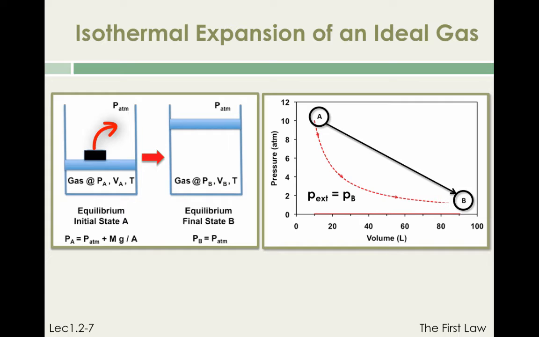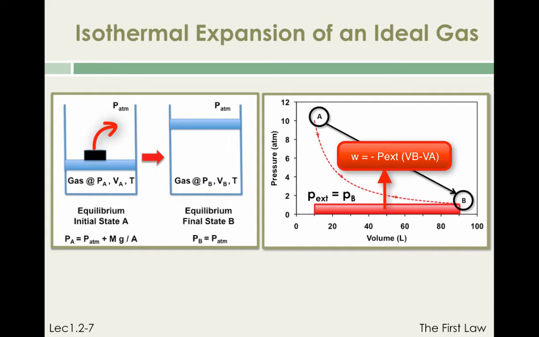So we have P sub A equals nRT divided by V sub A, and P sub B equals nRT divided by V sub B. As discussed on slide 5, the work is the opposite of the area shown by the red rectangle and is given by W equals minus P external times V sub B minus V sub A, or minus P sub B times V sub B minus V sub A.